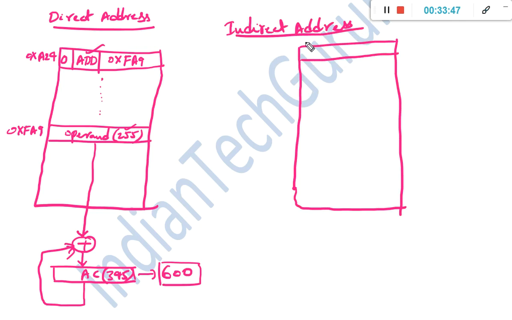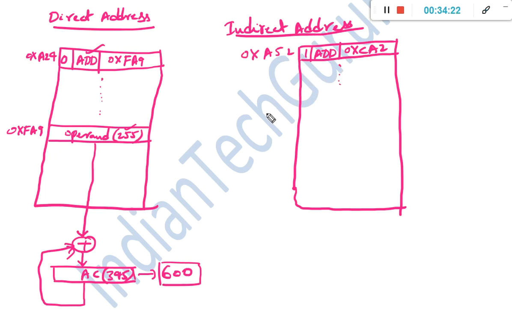Now the instruction format will look like this: because this is indirect mode, the I value will be 1 and the operation is the add operation. And the indirect address, assume the indirect address as 0xCA2. This instruction format is stored in 0xA52.